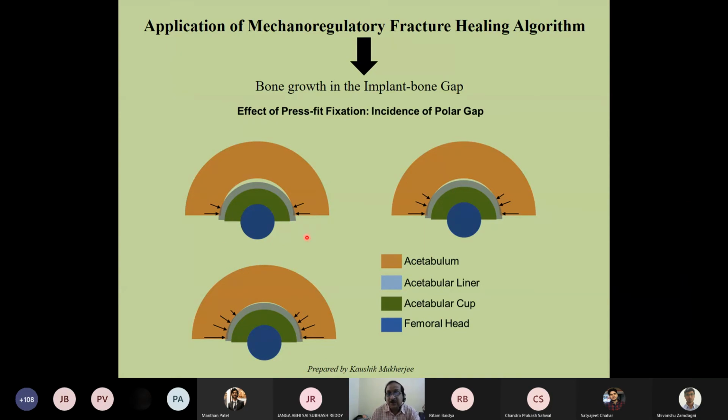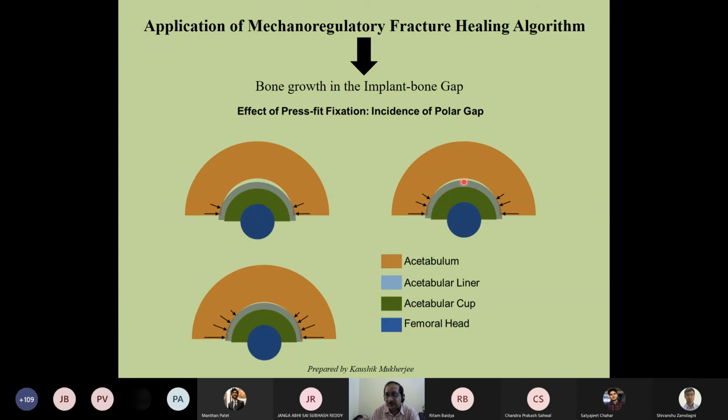In case of an acetabular implant, you first machine the bone in order to place the prosthesis, but you rely on peripheral fit, with press-fitted acetabular component placement, leaving a gap towards the pole. You can see variable gaps at the pole of the prosthesis for different kinds of design and press fitting of the implant.